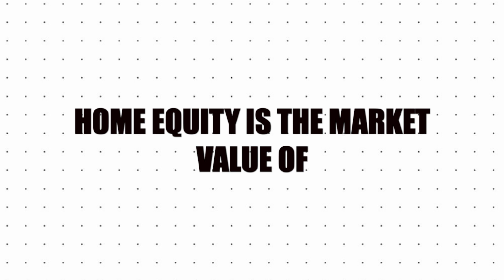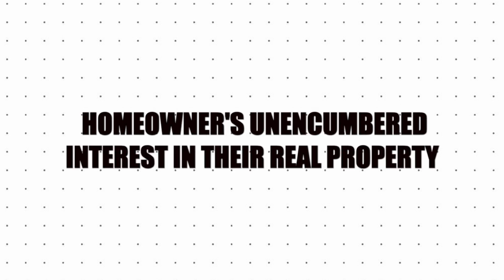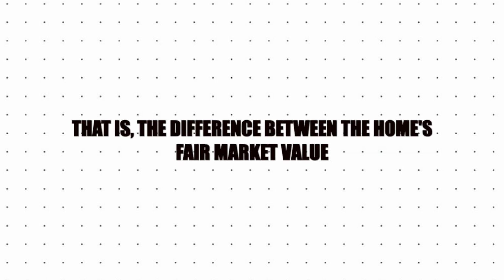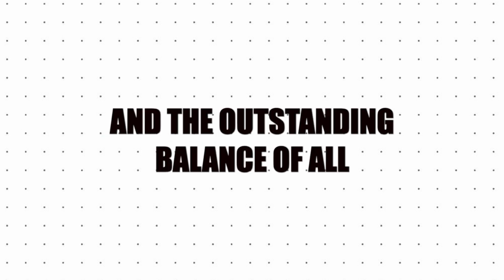What is home equity? Home equity is the market value of a homeowner's unencumbered interest in their real property. That is the difference between the home's fair market value and the outstanding balance of all liens on the property.